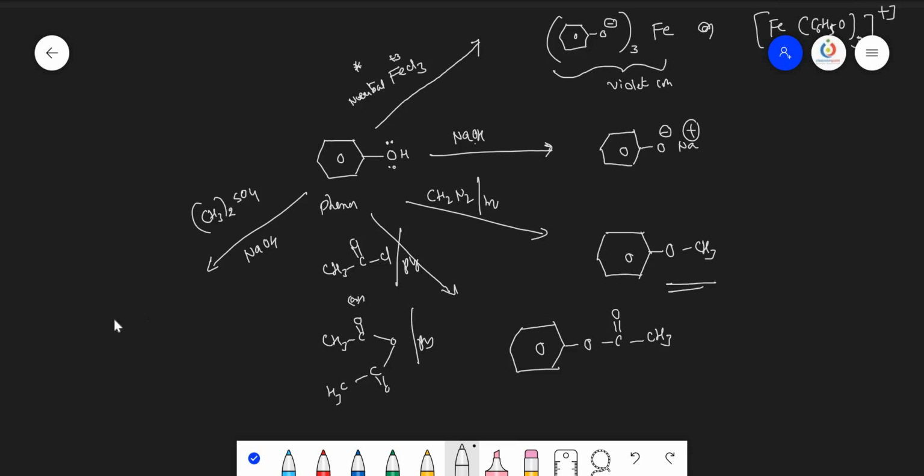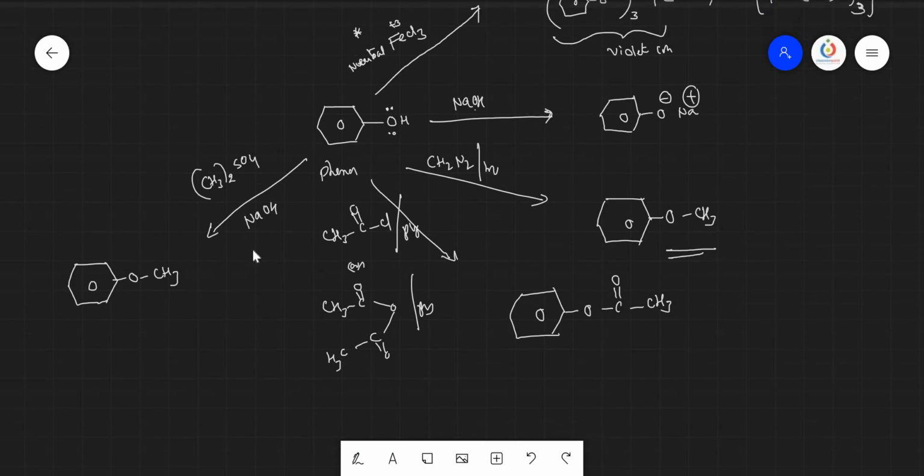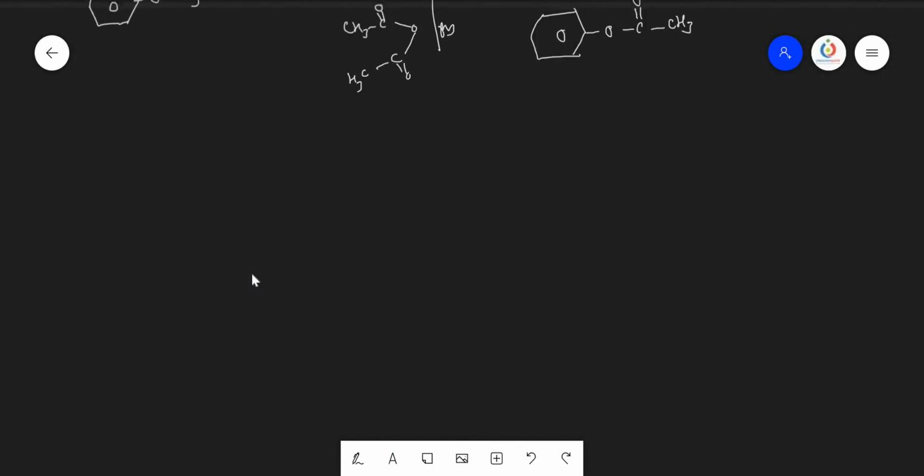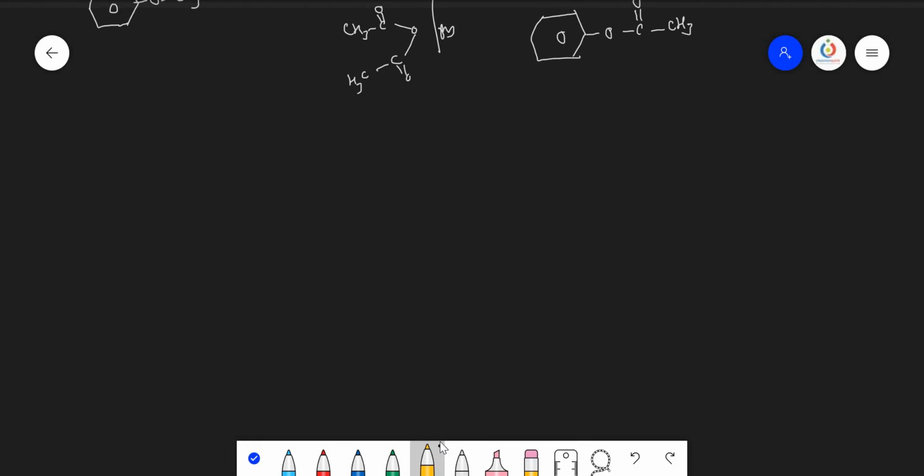It gives the same molecule, OCH3. Okay. So these are some reactions. Now we shall discuss some other important reactions. So the other important reactions are alkylation reactions.